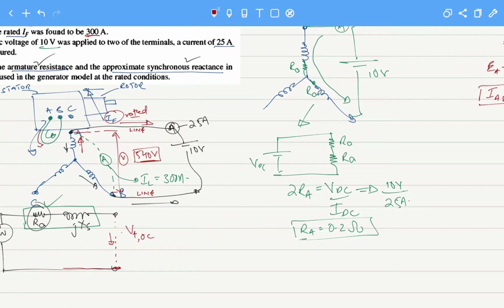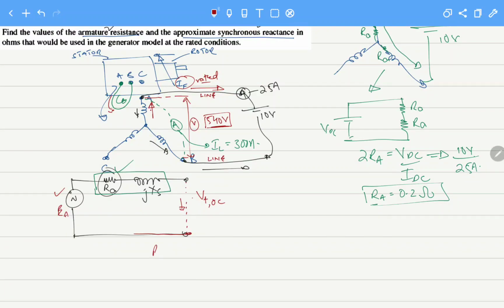Now for the overall circuit, at rated IF, that means at rated field current, the overall circuit of the system can be written as Z synchronous equals EA, from the open circuit characteristics, over IA, from the short circuit characteristics.